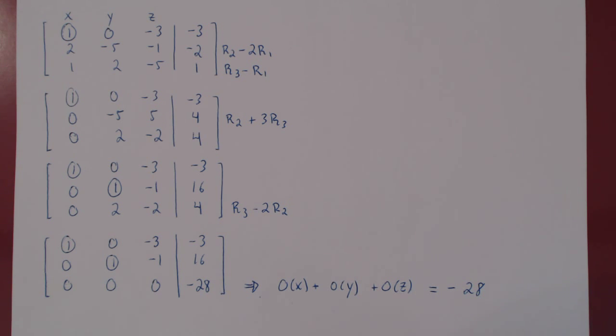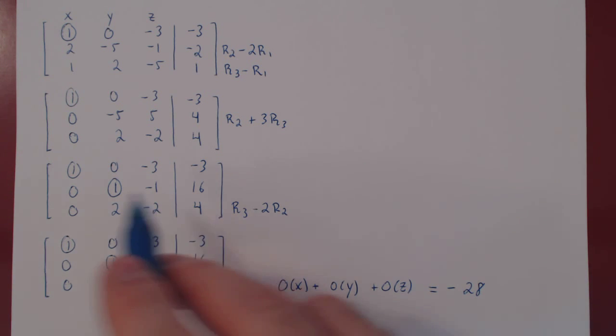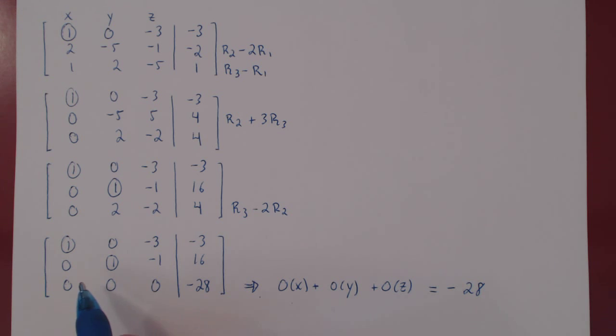Now think of it, we are asking to solve the corresponding linear system, which means that we have to find a value of x, a value of y, and a value of z that satisfies the given equation. But think of it, no matter how you choose x, 0 times x is 0. No matter how you choose y, 0 times y is 0. And no matter how you choose z, 0 times z is 0.